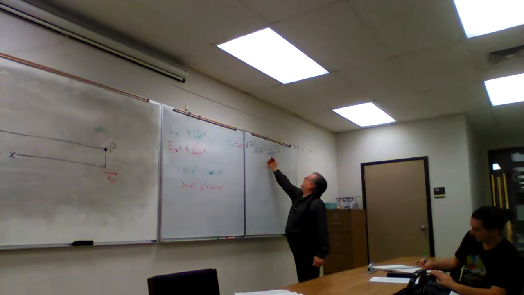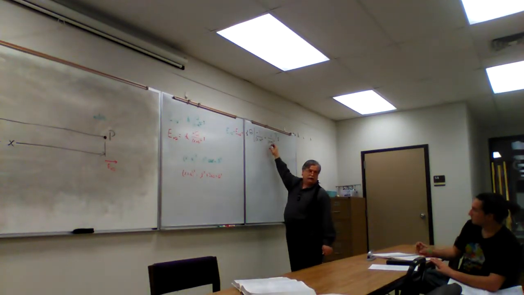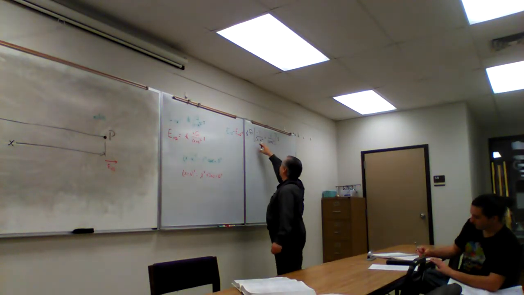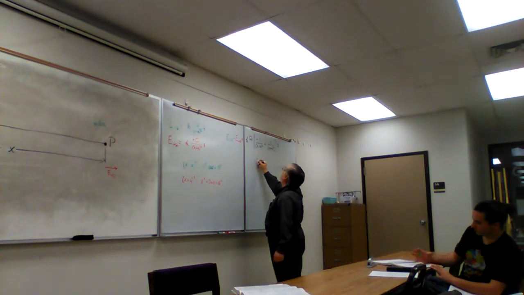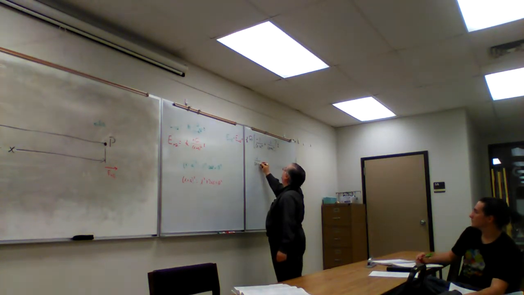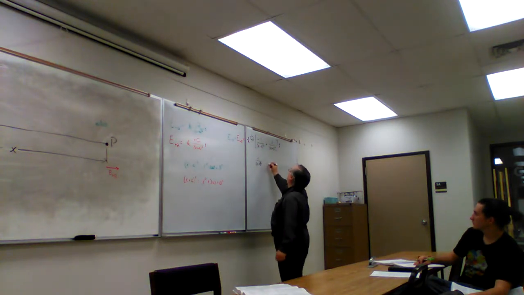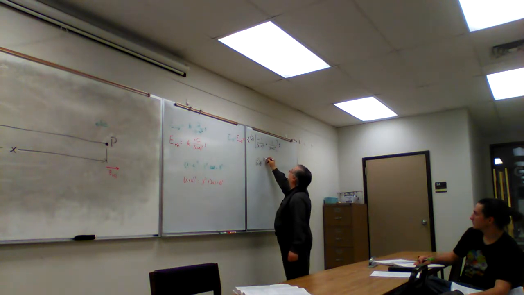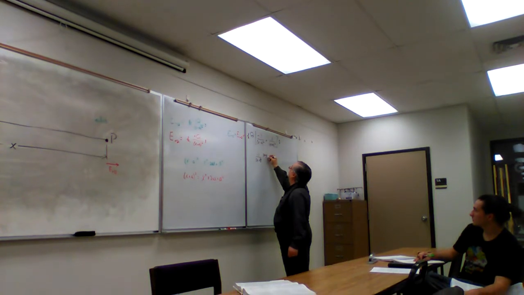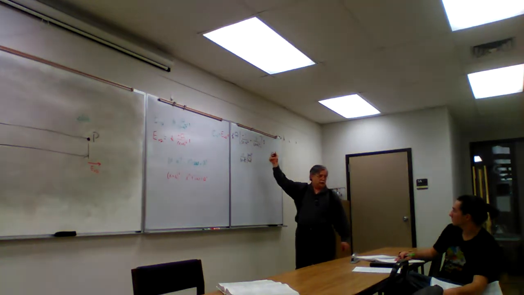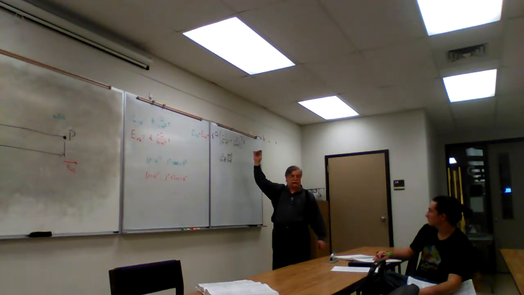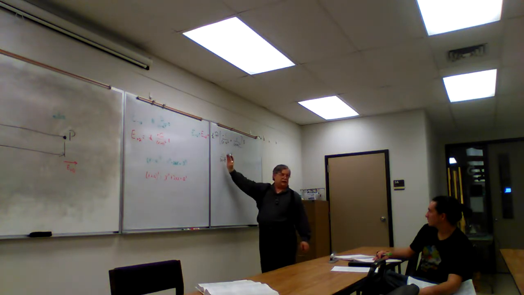I want to add these together, which means I need common denominators. So I'm going to multiply this one times (x plus a) squared over (x plus a) squared, because anything divided by itself is just 1. So I'm not changing this value by doing this.